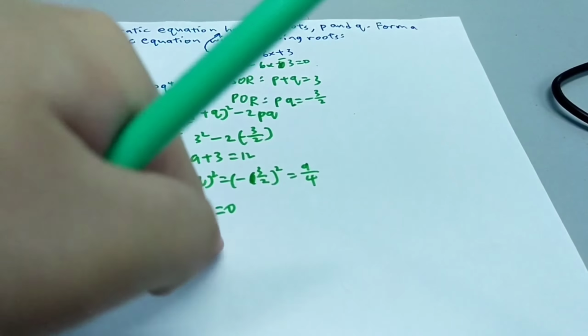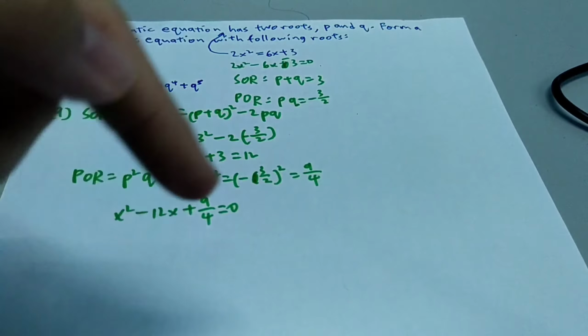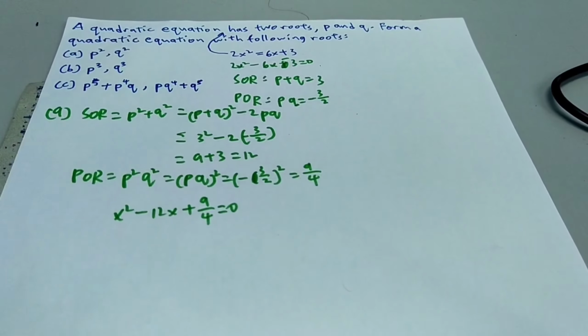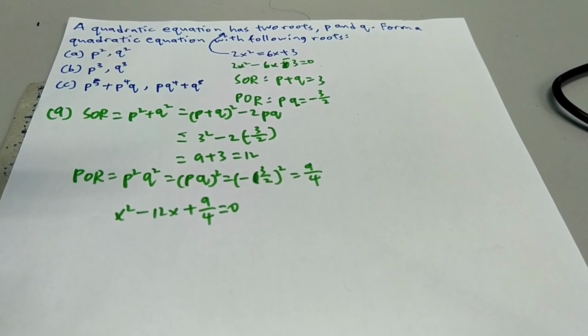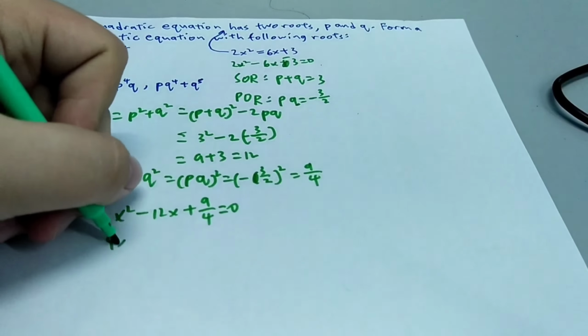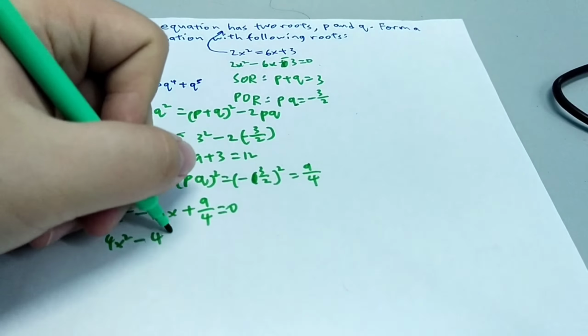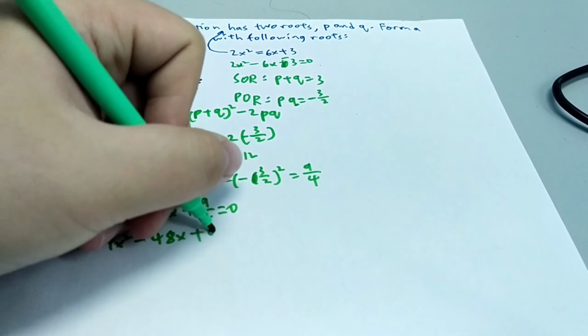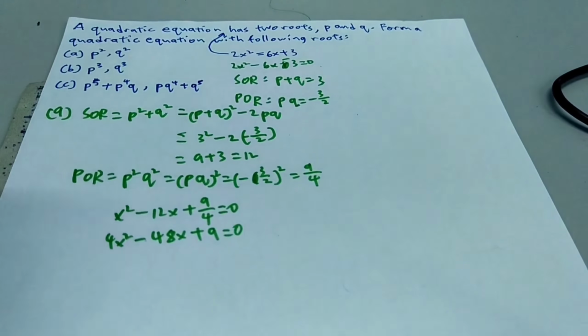I don't like the coefficients of x squared and x, or the constant, to be a fraction, so I'm just going to multiply by 4 on both sides. So I will have 4x squared minus 48x plus 9 equal to 0. And this is our answer for question A.